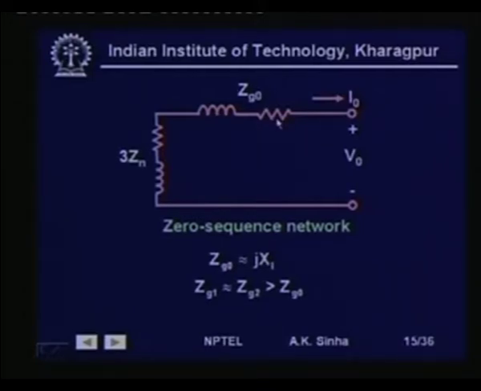Zg0. Now, what is going to be the value of Zg0? Since resistance in most of the cases is very small, so we will be having basically the reactance which is coming, and what is going to be this reactance?